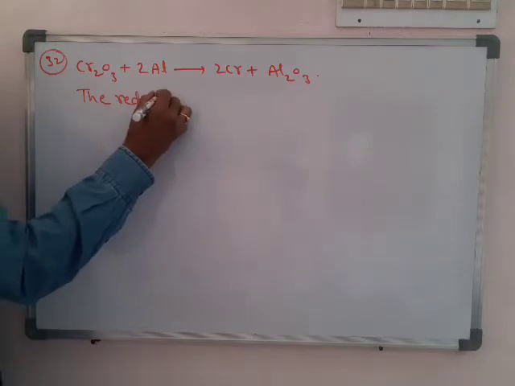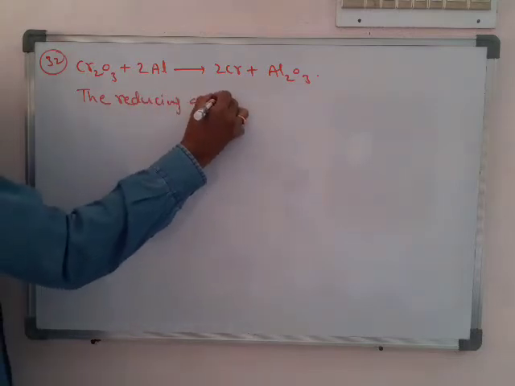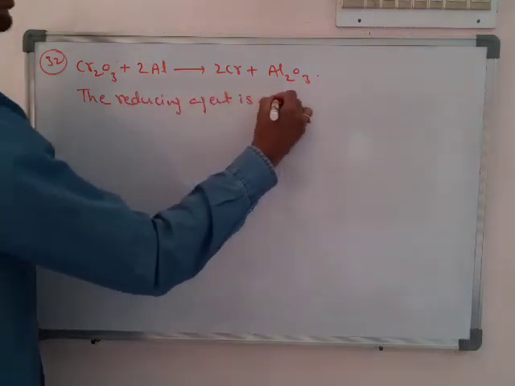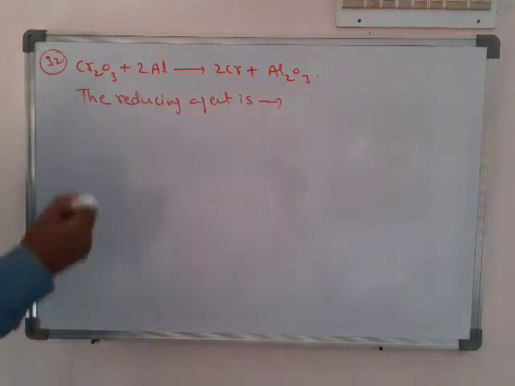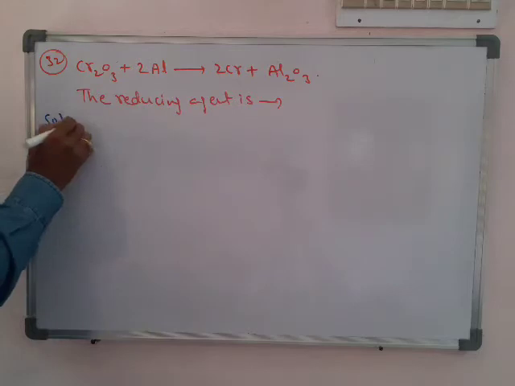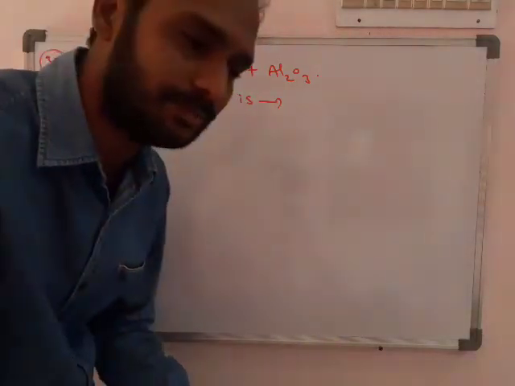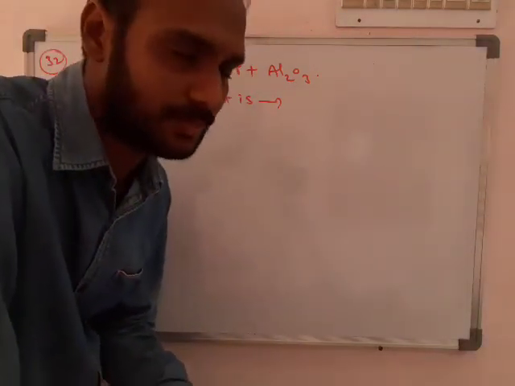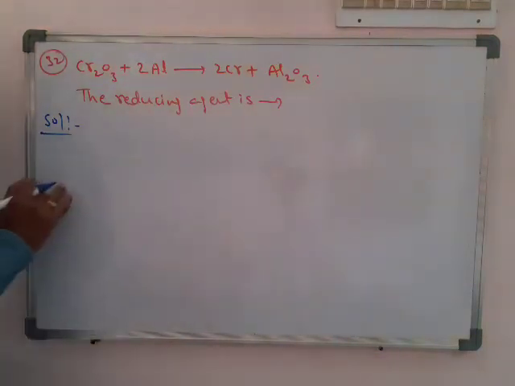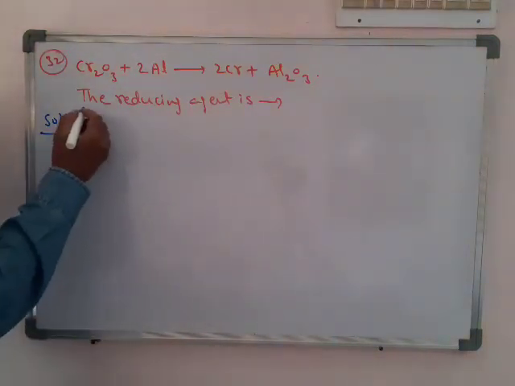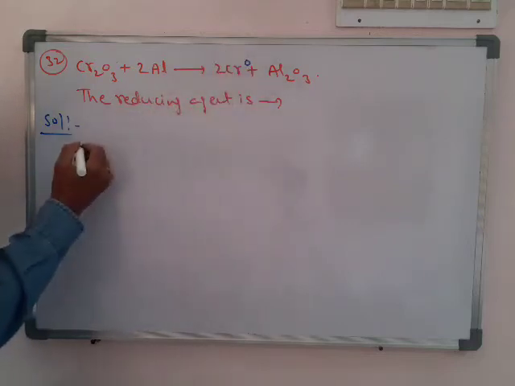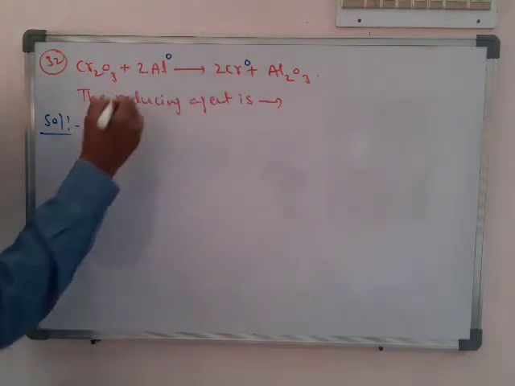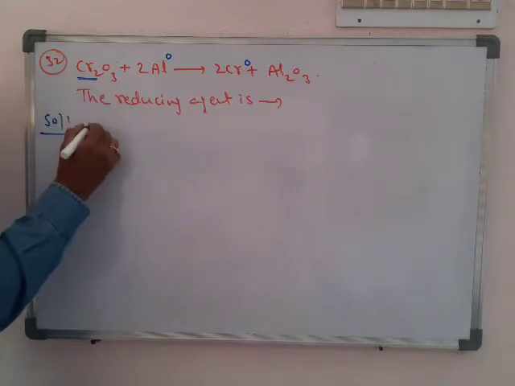We know what a reducing agent is: a reducing agent is one which is itself oxidized. So we have to know which is oxidized and which is reduced. Here chromium has oxidation number 0 and aluminium has oxidation number 0. What is the chromium oxidation number here?